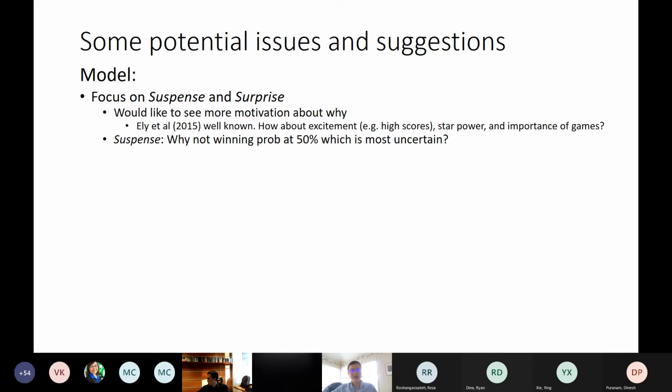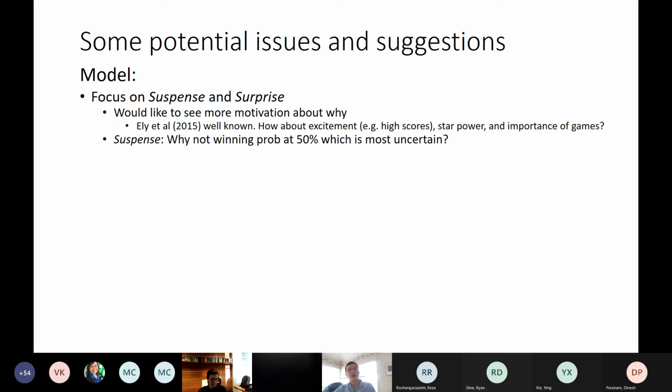Now, another question is about the measure of suspense. It is actually quite curious to me why it is measured in such a way.